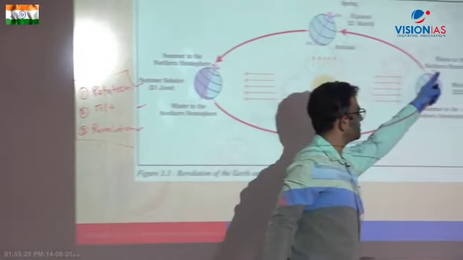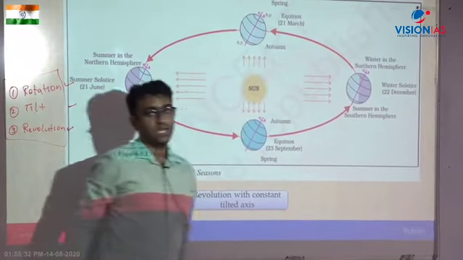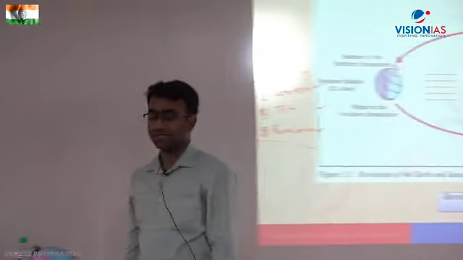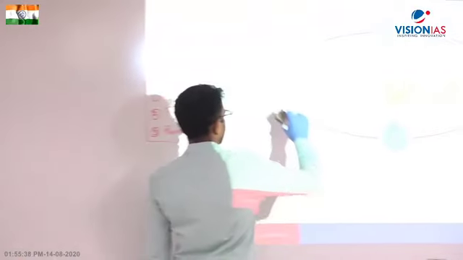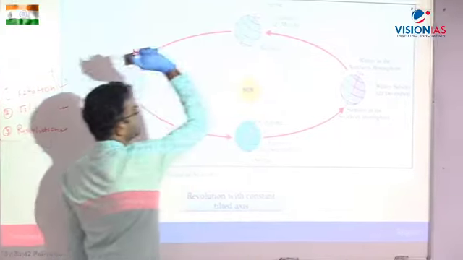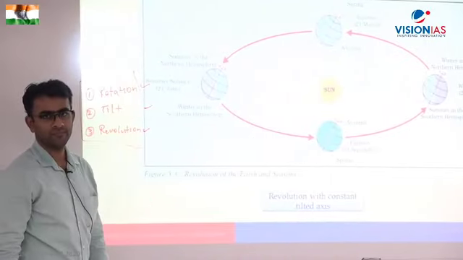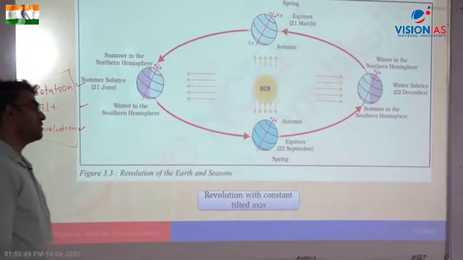It is also tilted in this direction here. It is also tilted in the same direction. It will never change the direction of its tilt. The direction of tilt is always fixed all through its revolution. This is the characteristic which is responsible for the change in the season.